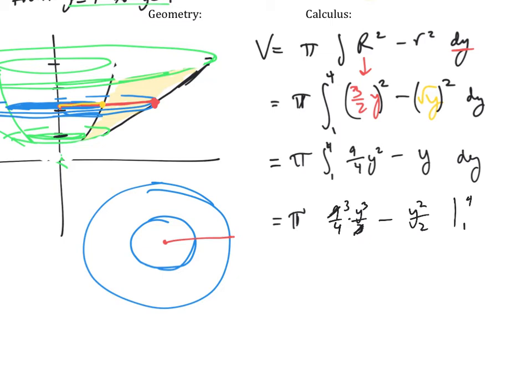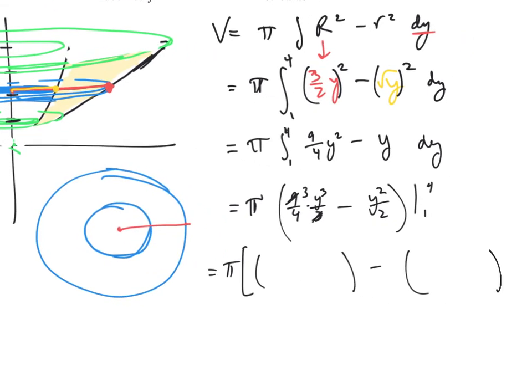So it's really 3/4 y cubed minus y squared over 2. So I need to plug in my 4. 3/4 times 4 cubed minus 4 squared over 2. Plug in my 1. 3/4 times 1 cubed minus 1 squared over 2.